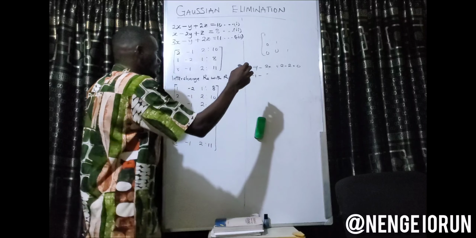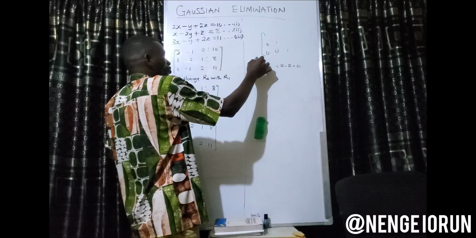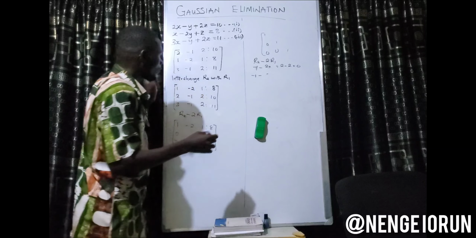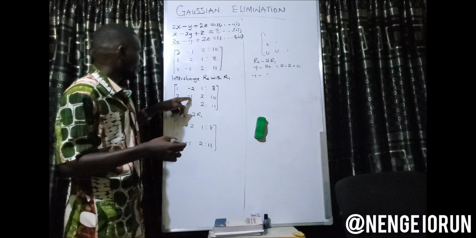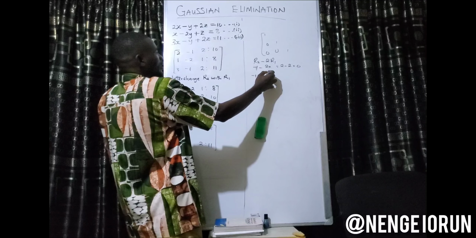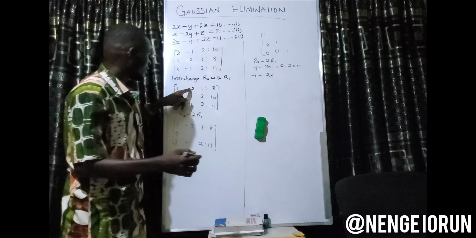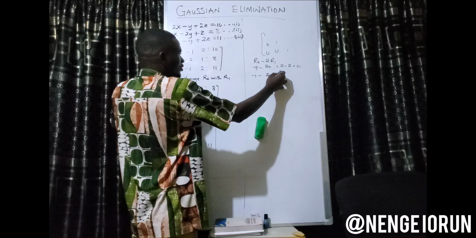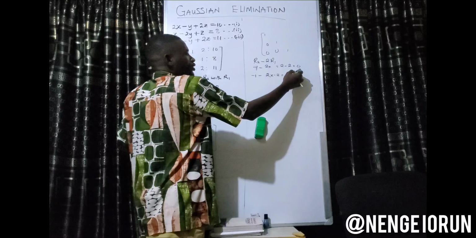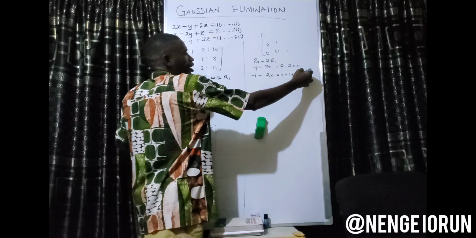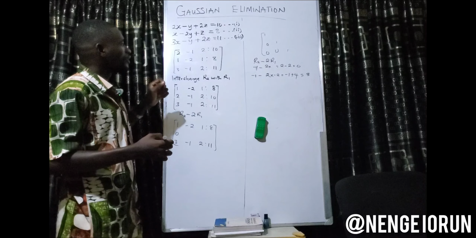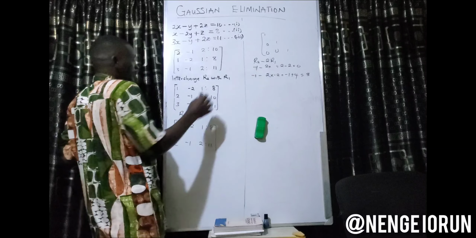The formula is row 2 minus 2 times row 1. So here you have -1 minus 2 times -2. Then we have -1, and -2 times -2 will give us +4, and this will give us 3.